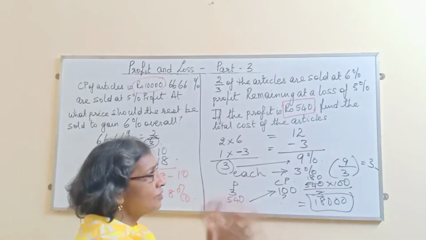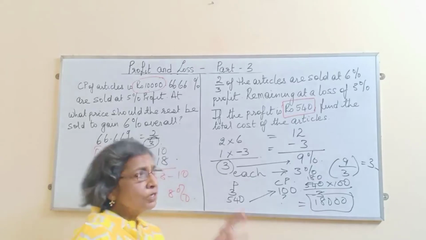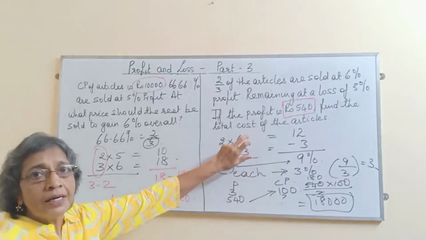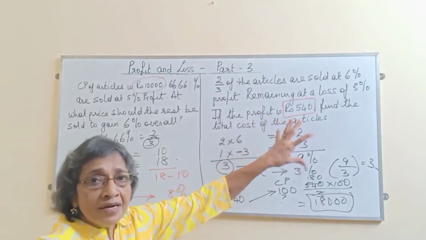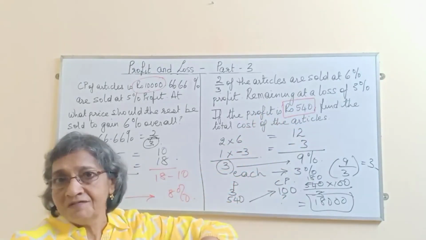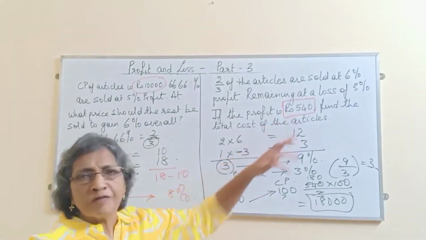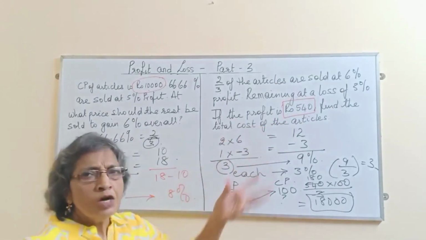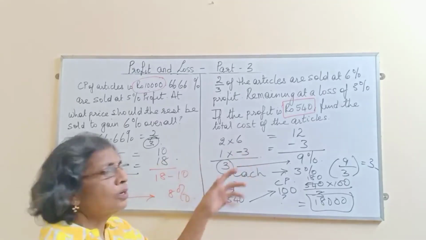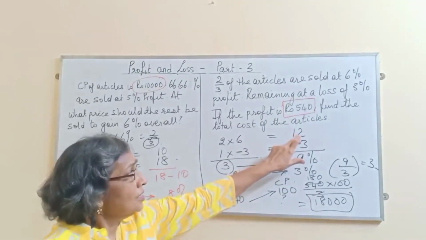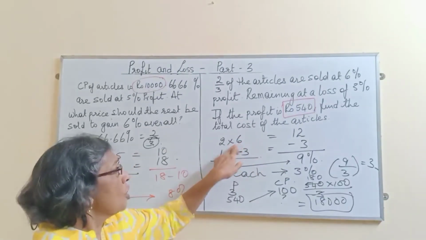So what we have done today is a mixture of these type of fractions. This is the last one which we did today, wherein it was slightly different compared to the previous ones. How is it different? You were given the profit. Now if there was a loss given and if overall there was a loss, you would have calculated the same way. So here there was a profit on 2/3.